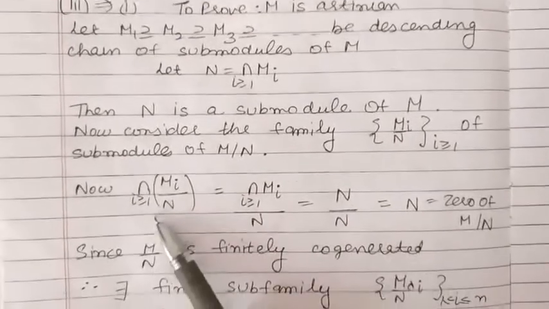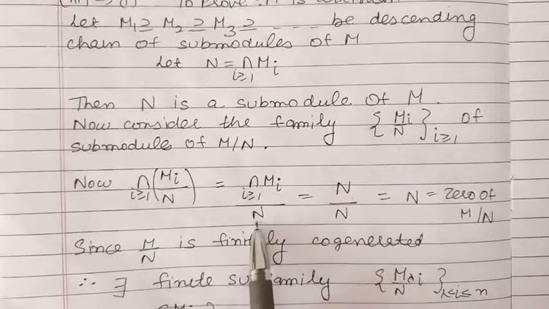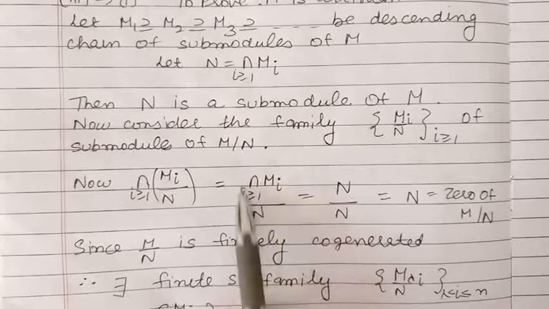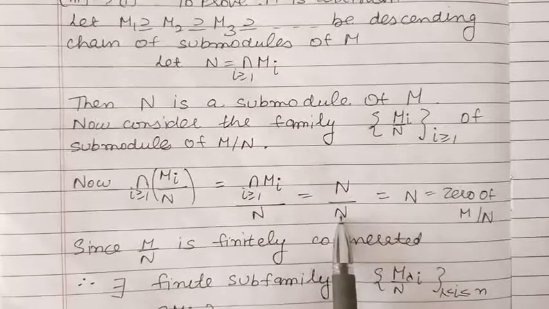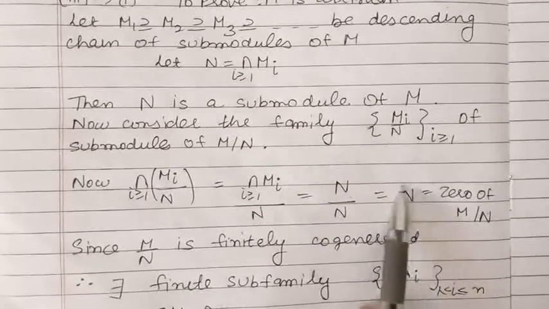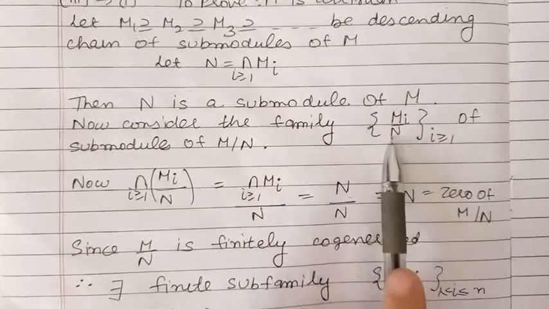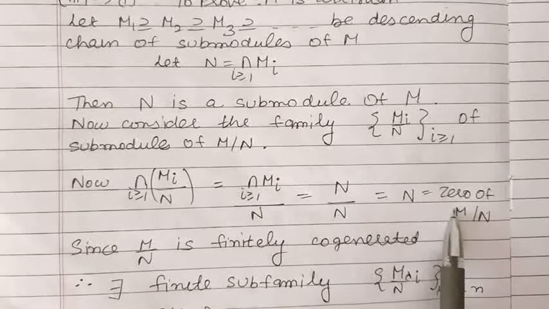This intersection can be written as the intersection of Mi's upon N. Now the intersection of Mi's we have denoted by N. So this becomes N by N, and N is the 0 of factor module M by N. So we have proved that this family has 0 intersection for its members.